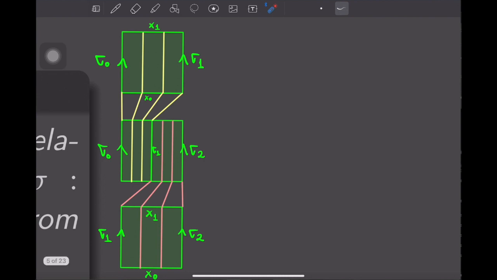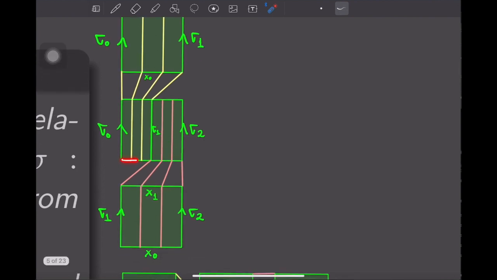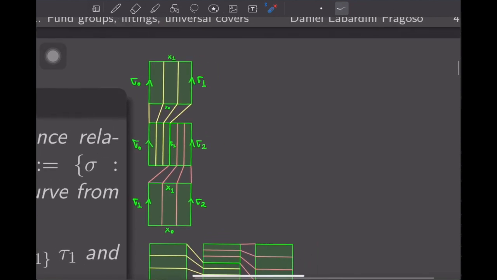I know that all of this goes to x0, and all of this goes to x0, and all of this goes to x1, and all of this goes to x1. So again, I obtain a homotopy from sigma naught to sigma 2 relative to endpoints.